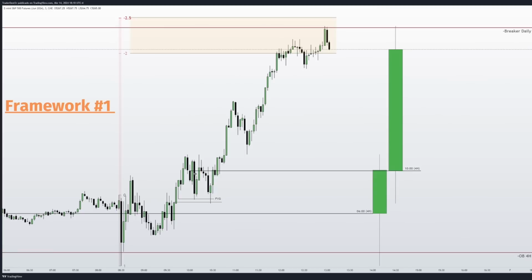And the question is, where is the opening for the 10 a.m. candle in function of the previous range, or the previous power of 3, or the previous candle? Price doesn't open in the two deviations. So this 10 a.m. candle is for continuation, because it has unfinished business in the higher time frame PD array and the standard deviations range here.